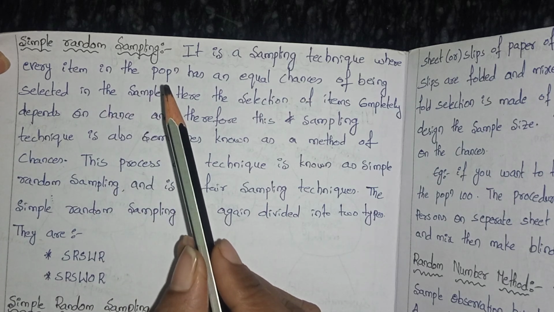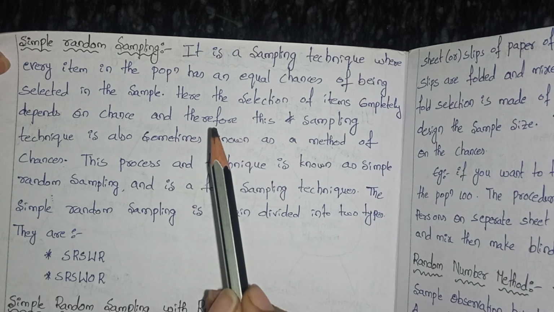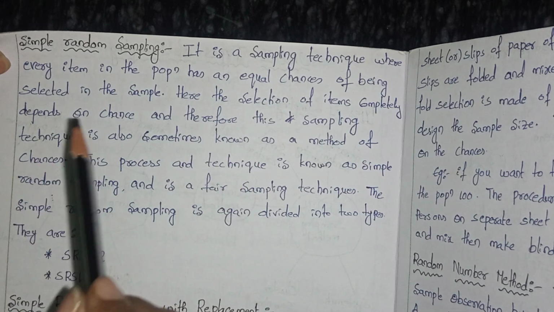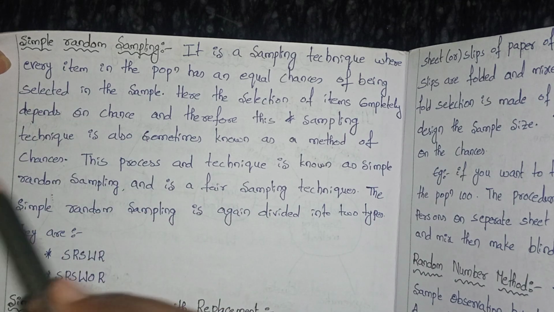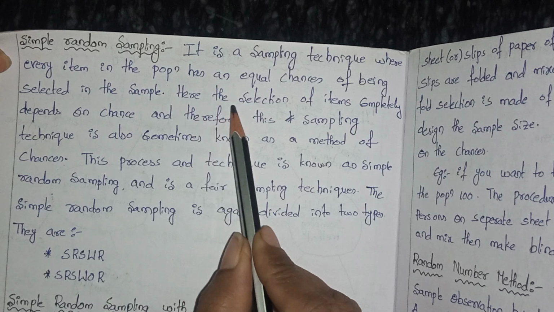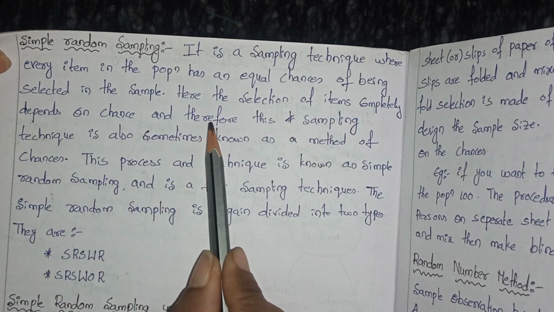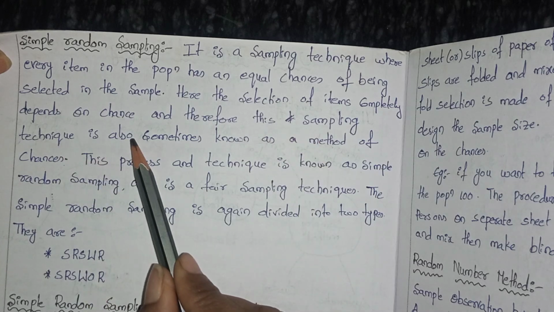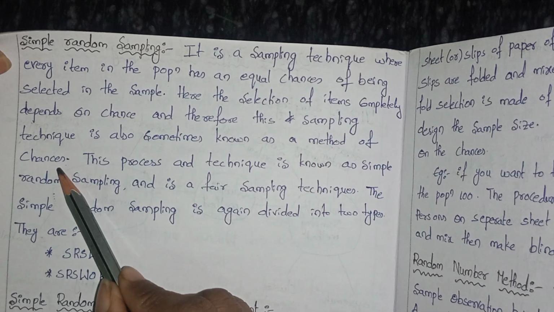So that means, however many items there are in the population, every item will have an equal chance of being selected. Here the selection of items completely depends on chance, and therefore this sampling technique is also sometimes known as a method of chances.